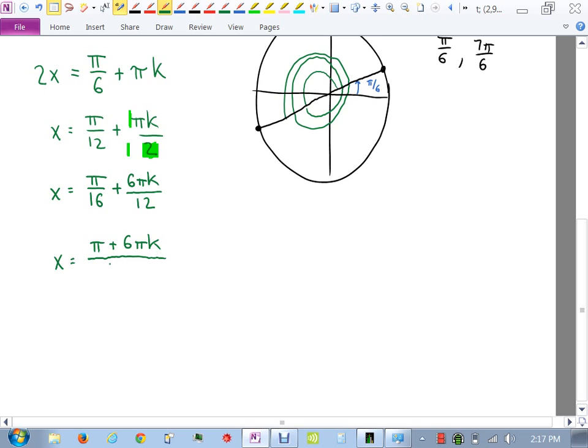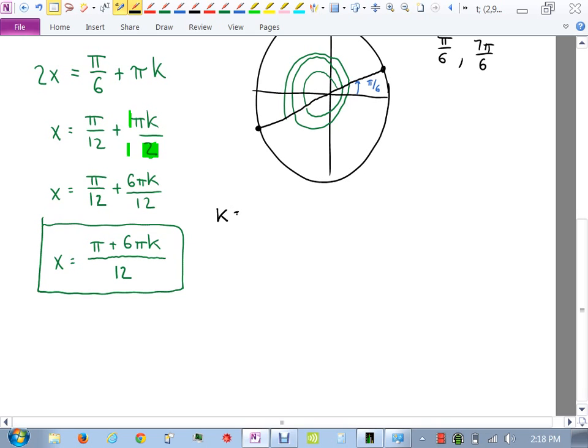Wait a minute, hold on. I don't know why I wrote 16 here. You see that? I don't know why I did that. It's a 12. So now they have the same denominator. That makes sense? Okay. You'll see now, if I put that common denominator first before I start letting my k's cycle, it's so much cleaner.